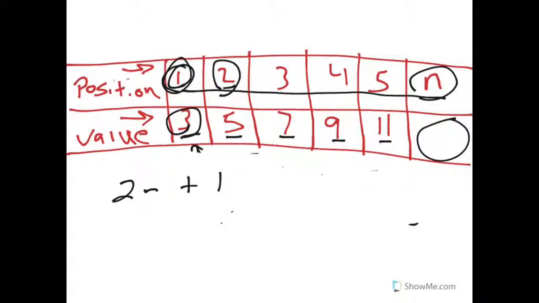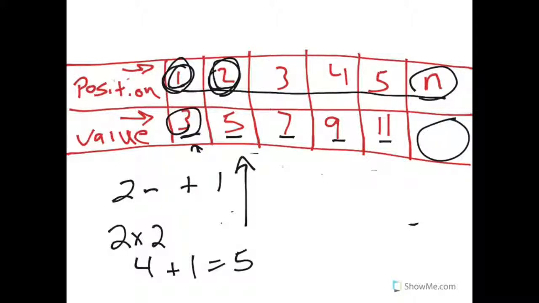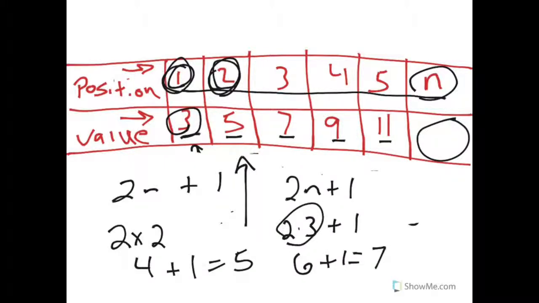If n equals 2, 2 times 2 is 4, plus 1, that does equal 5. Okay, well, let's check again. 2n plus 1. If n is 3, 2 times 3 plus 1, that gives us 6, plus 1 equals 7. Okay, and I think if you would check the next two, you'd find that we're good to go.